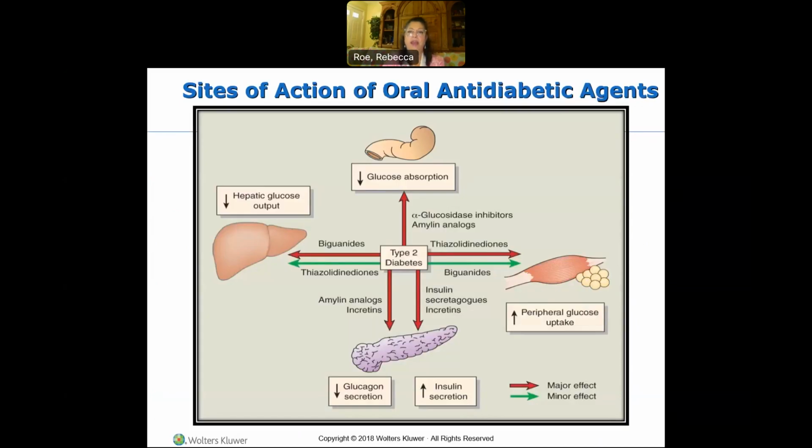When you look at the sites of action of the oral antidiabetic agents, you look at the liver, the pancreas, the muscles, the fat, and glucose absorption in the intestines.